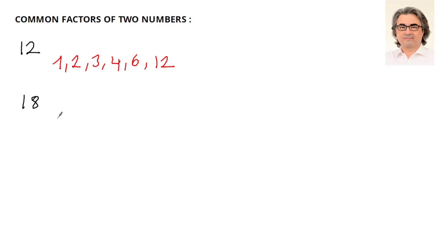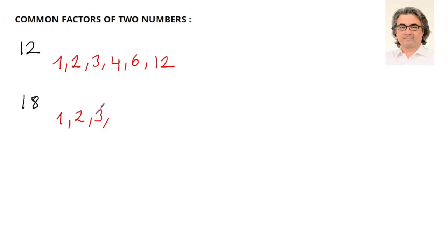What about 18? 1 is okay, 2 is okay, 3 is okay, 4 is not possible. Yes, 4 square is less than 18, but 18 is not divisible by 4. 5 is impossible because 5 square is greater than 18.